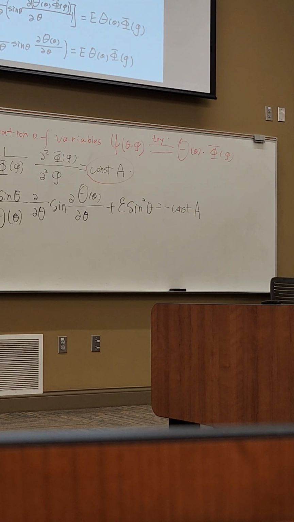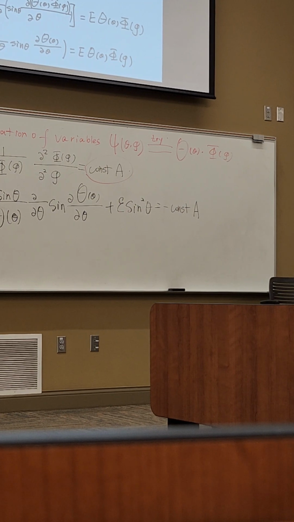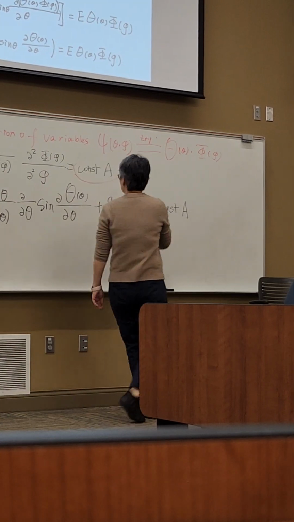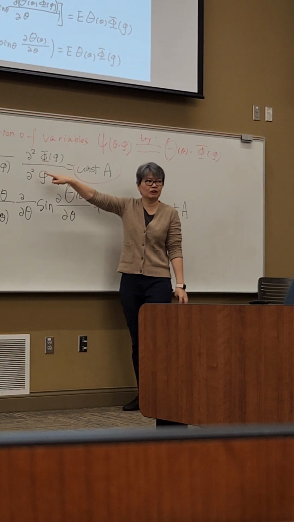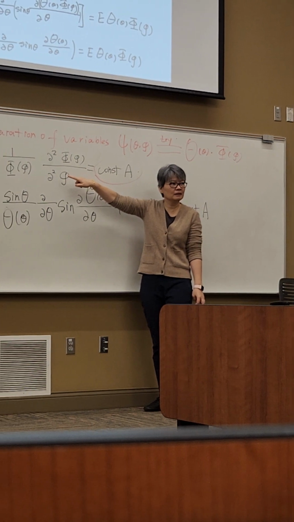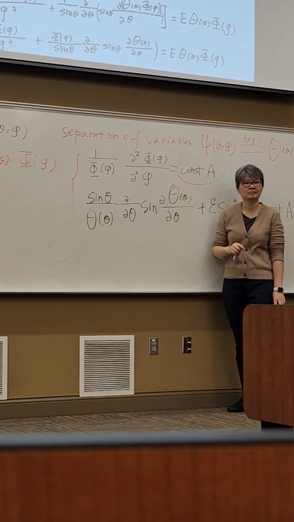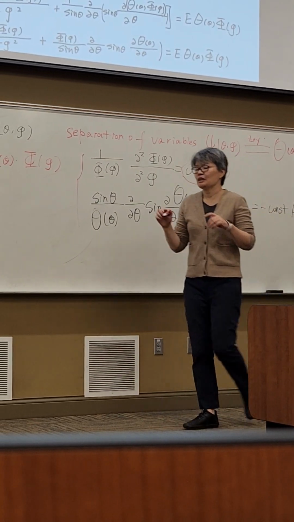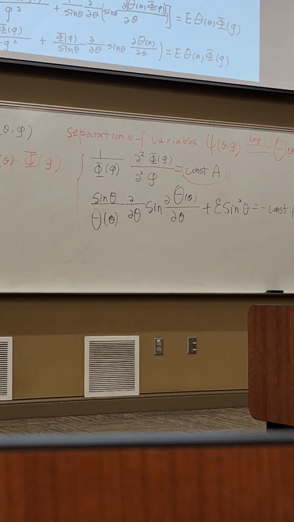Okay. Now, if we evaluate this a bit further, do you guys think this expression looks familiar? The rotation on the two-dimensional xy plane with a fixed radius only depends on the phi variable.